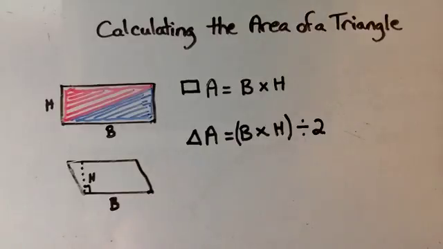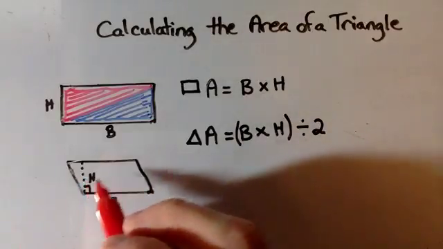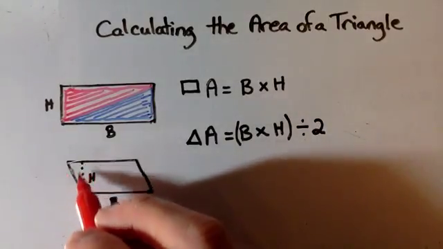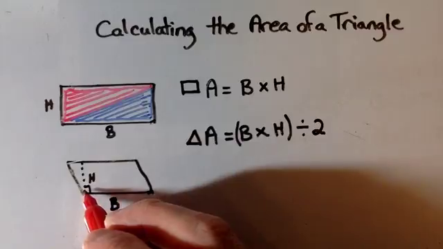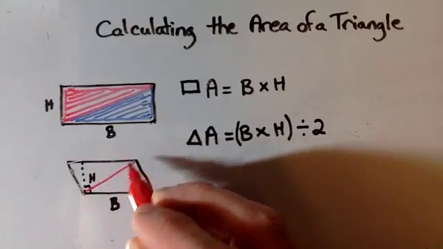This works for any triangle, because even if you have a different trapezoidal shape, for example a trapezoid here, you still have the height, which is measured at a right angle to the base, but we could very easily make this into two triangles by drawing a line here.